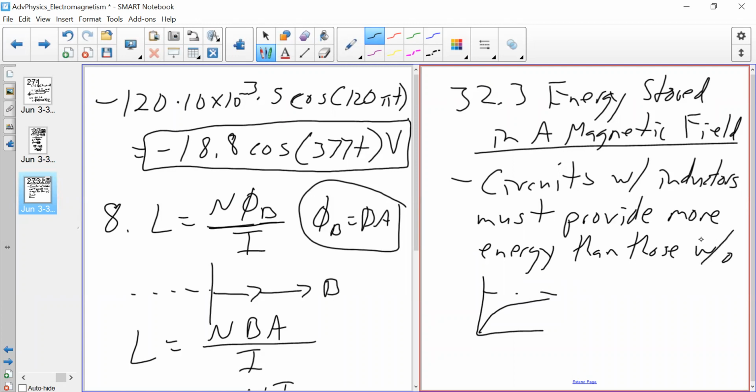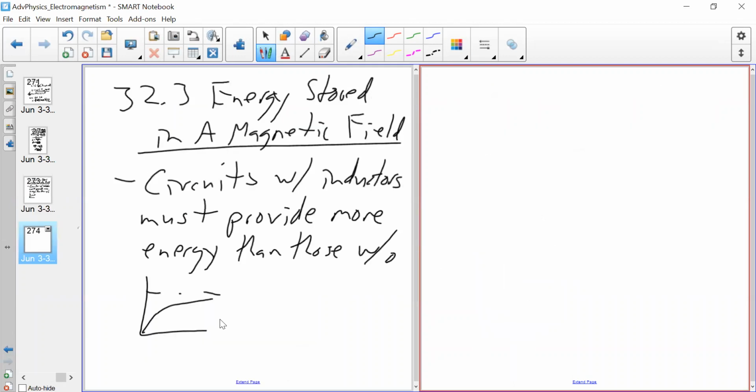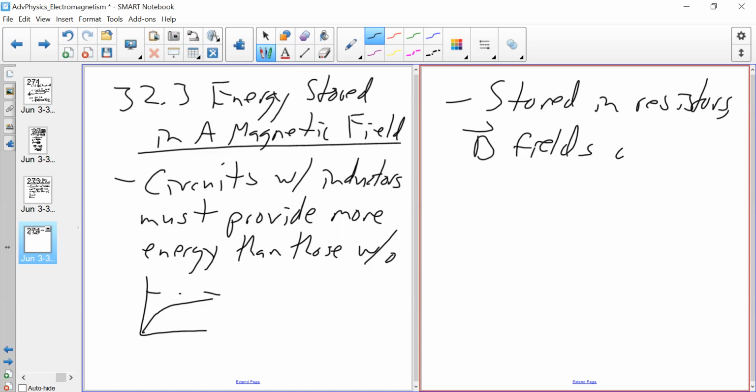So circuits with inductors must provide more energy than those without. I mean, that's just a little common sense. So energy is stored in resistors and in the magnetic fields of inductors, which we just say L.